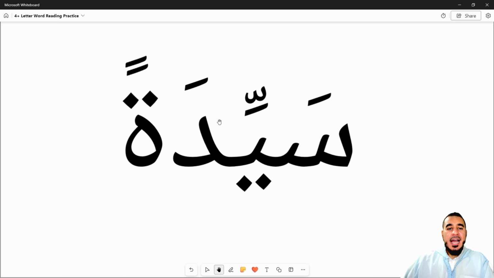Okay? And then we have the dal with the fatha above it and the ta al-marbuta. The ta al-marbuta here has the fathatan above it, meaning the two fathas.